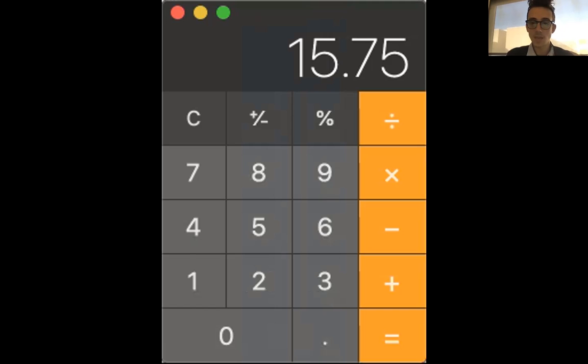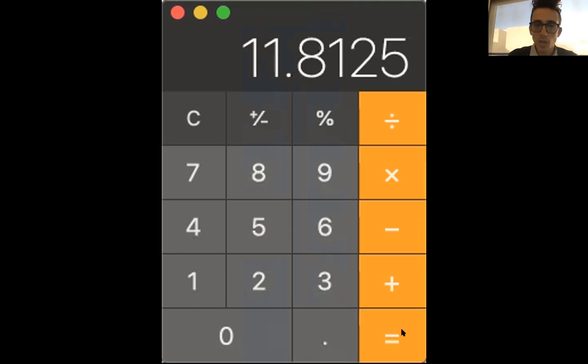And I'm going to just keep that momentum going. Multiply it with 0.75, which gets me to 11.81. All right. So 11.81, simple enough. This actually is saying round to the nearest 10th. All right, I'll do that too. That's fine.